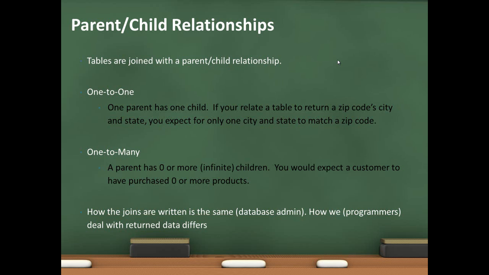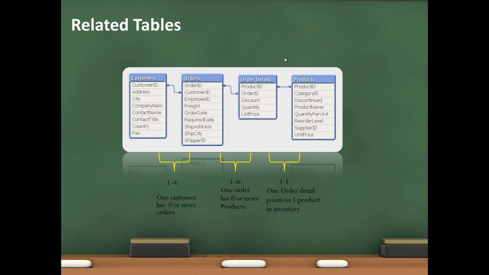So my expectation as a programmer is I have to look for zero or more records coming back. Whereas with the zip code table, I know there should be a one-to-one match. But again, this is theoretical. How we write our joins is going to be exactly the same thing. It's what we expect to get back as the programmer.